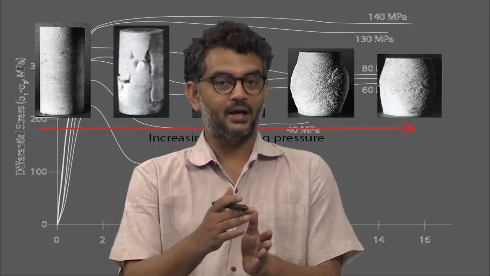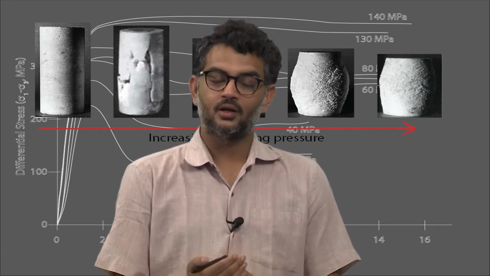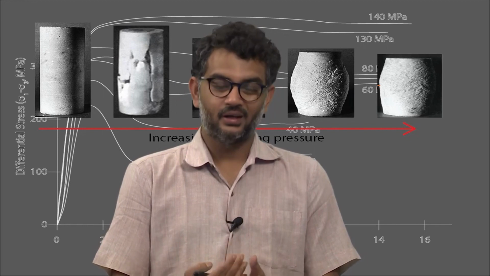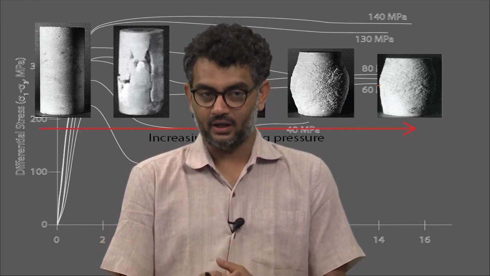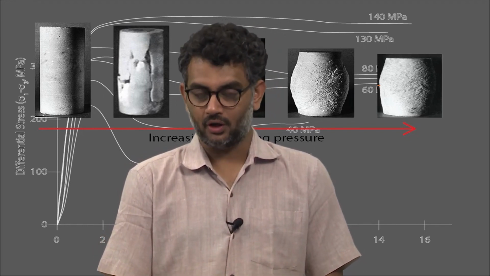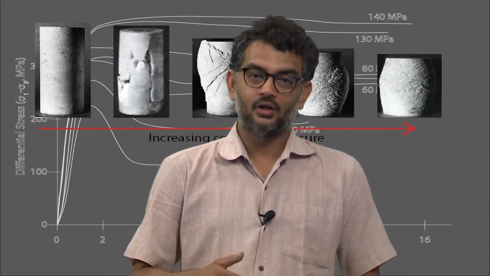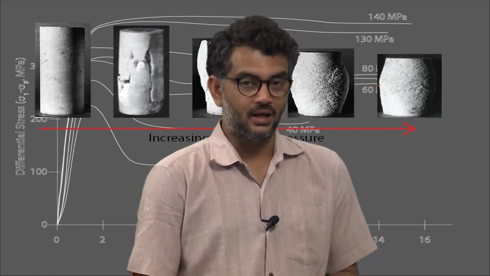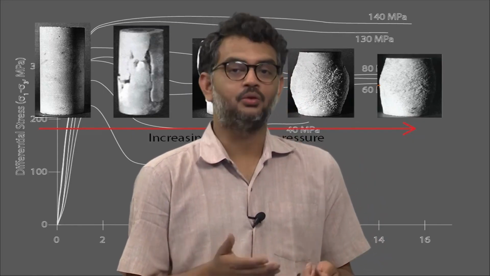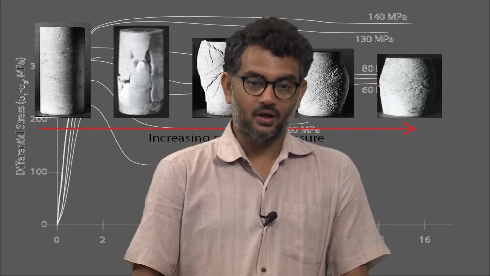So strain rate at high temperature increases the strength, but at low temperature it hardly has any influence on the deformation of the rocks. This is most likely because at low temperature rocks behave in an elastic manner, and elasticity, we know, does not depend on strain rate.